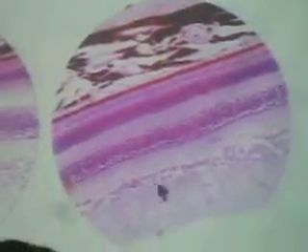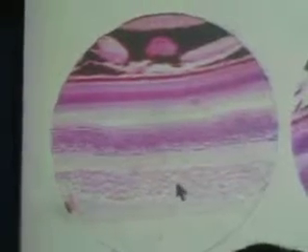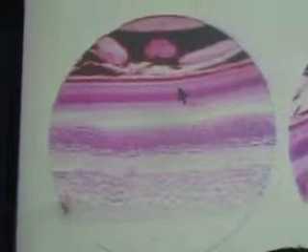So depending on the part of the retina, you could either have a thin part for your ganglion cells, or you may encounter this thicker part. Okay? So don't memorize which is the thickest. Your point of reference is your rods and cones, because that is the one that will be outermost.